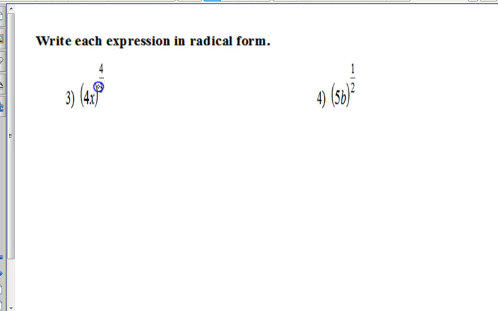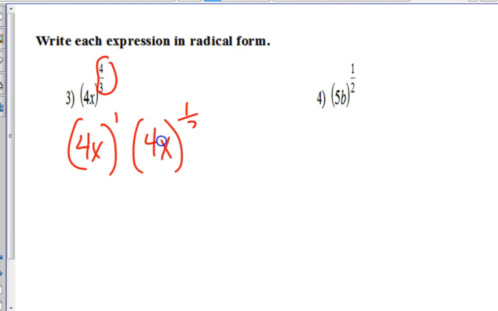This does simplify because this number is greater than 1, yes? So that's 1 and 1/3. So there's a 4x once and a 4x to the 1/3. That is equivalent to 4/3. So how would I write that as a radical?